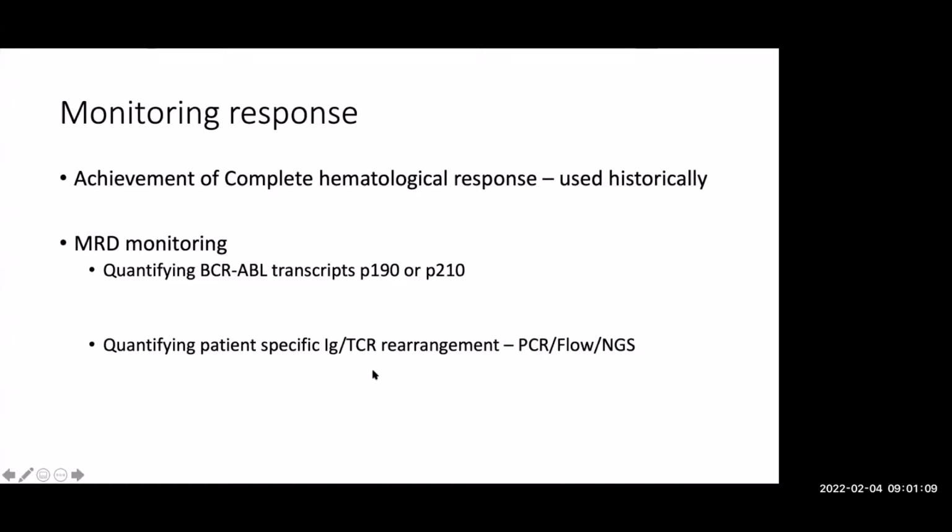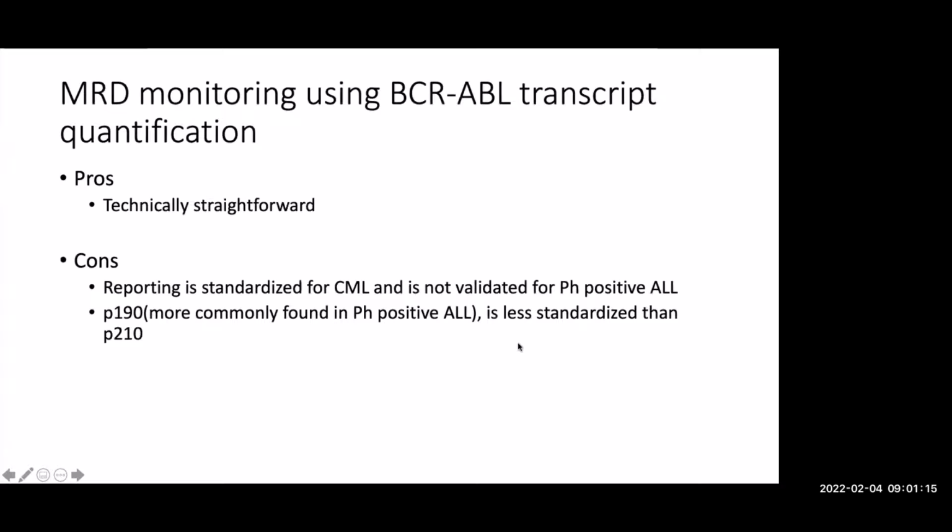The other method of MRD monitoring is by looking at flow, NGS, and PCR. MRD monitoring using BCR-ABL transcript quantification is very technically straightforward, but the problem is that it has been standardized for CML, but not validated for Ph positive ALL.